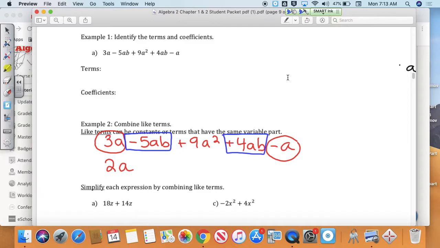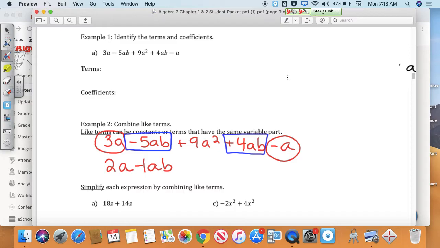And that's a positive 4ab because of the plus sign to the left of it. So when I combine a negative 5ab with a positive 4ab, I'm going to get a negative 1ab. You can either just write that as negative ab, knowing there's an invisible 1 there, or you can put the 1 in front of the a to show it's a negative 1, either way.